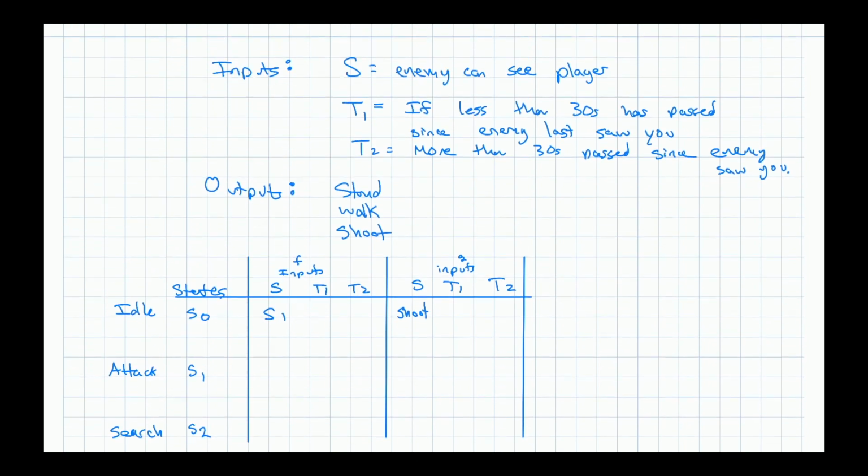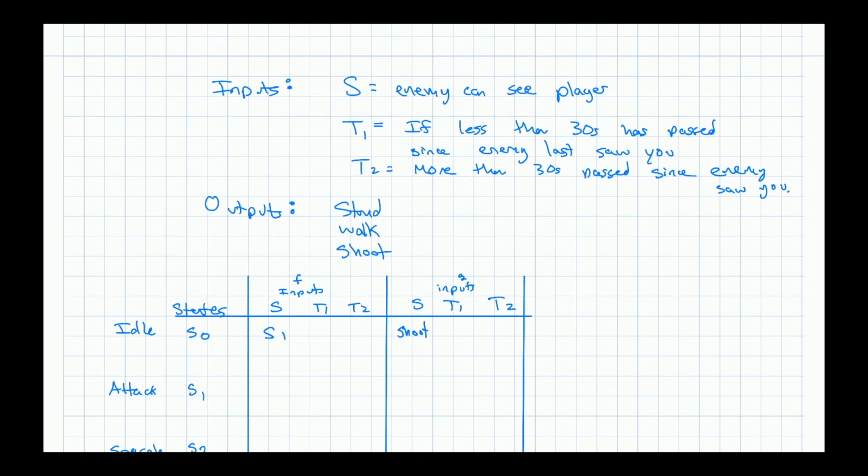Now, what if you are in the idle state and less than 30 seconds have passed since you've seen them? That probably is never going to happen, but if you're in idle and can't see the player, the enemy is probably just going to stay idle. So S0 to S0.